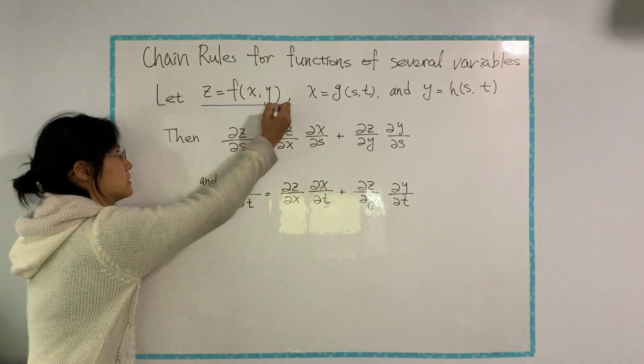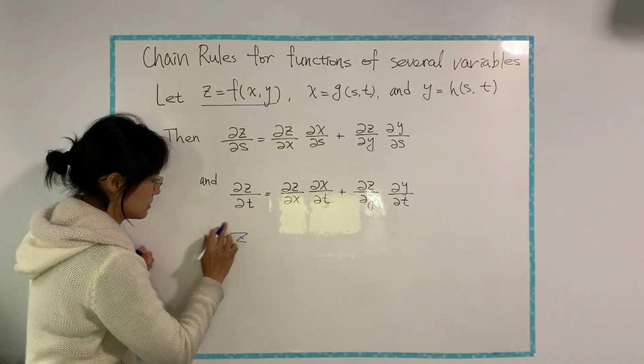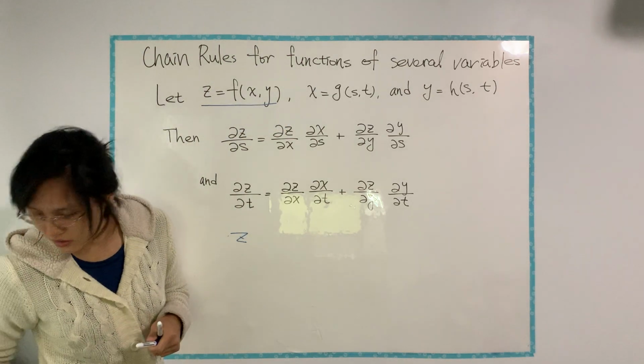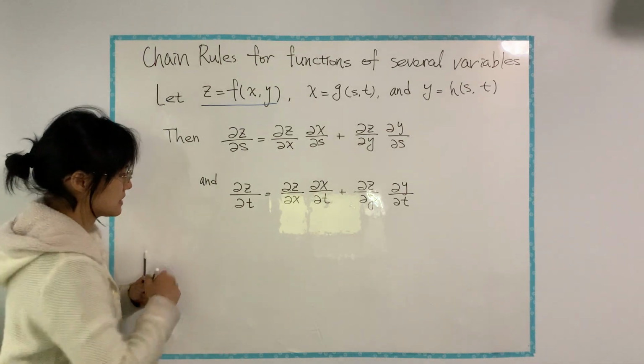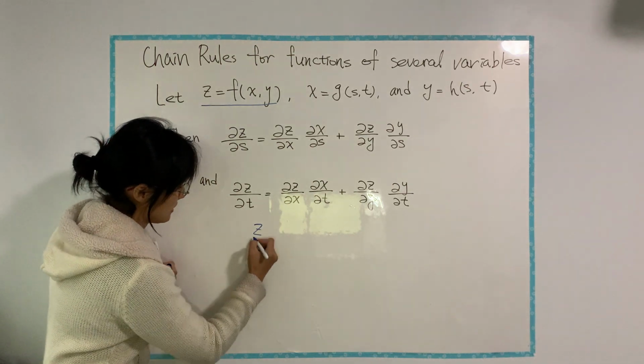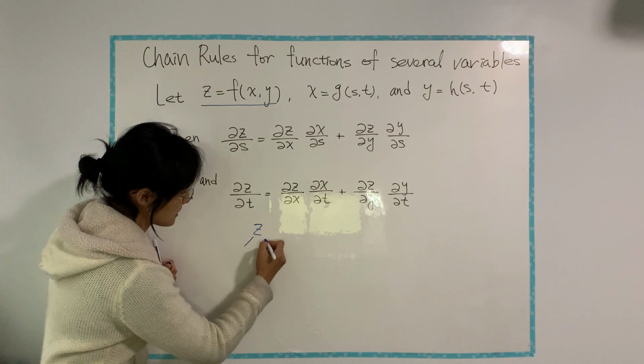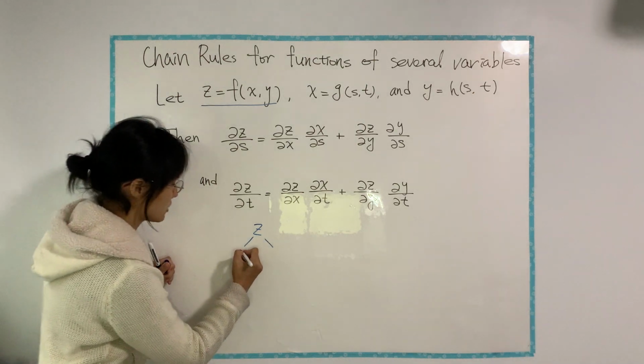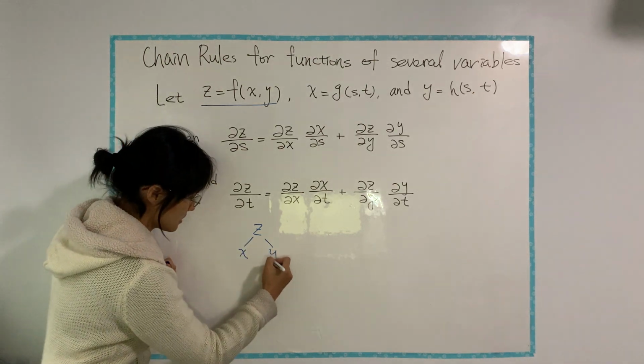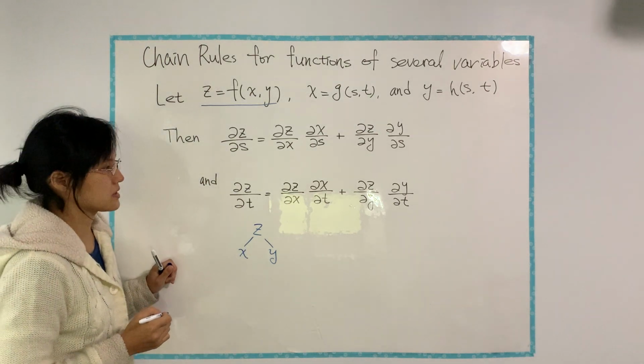I have a function z, oops, this is such an ugly z. I have a function z, okay? According to the setup, z is a function of the input variables x and y.